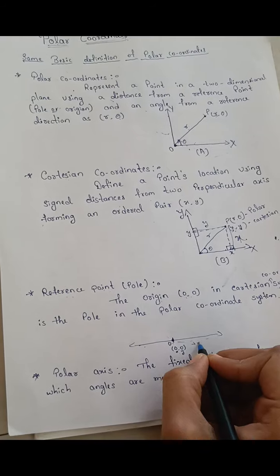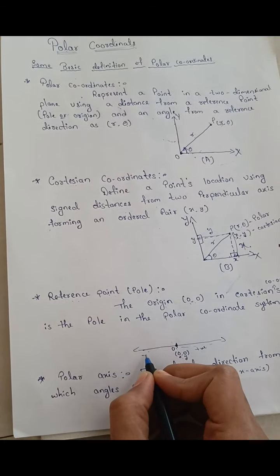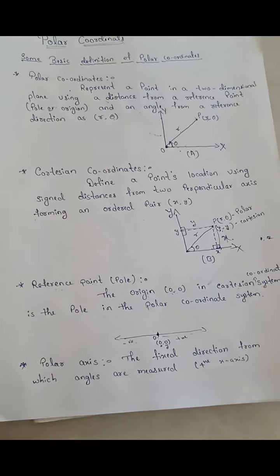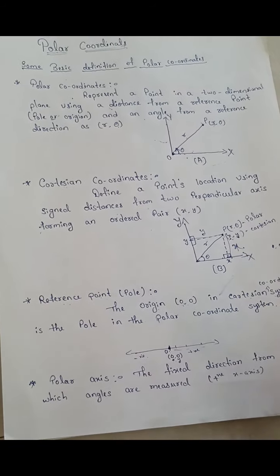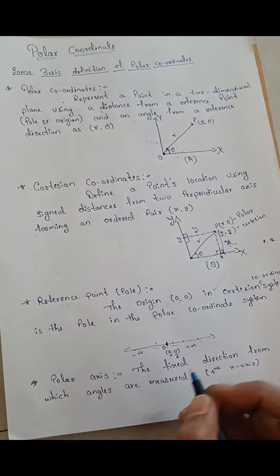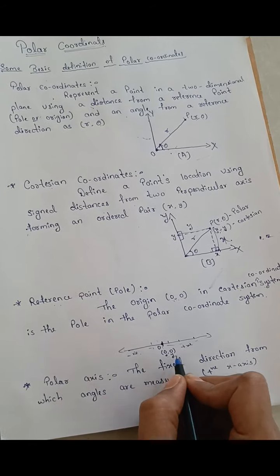This direction is positive values and this direction is negative values. So it starts from 0, then positive 1, 2, 3, and negative 1, 2, 3. So here the x and y values are 0.